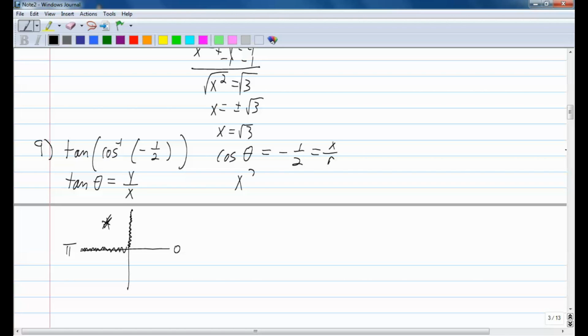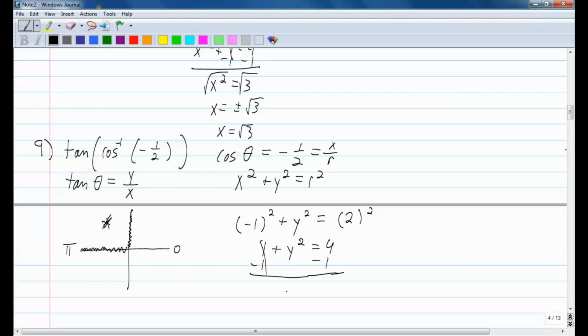So use the equation x squared plus y squared equals r squared. So that's going to be negative 1 squared plus y squared equals 2 squared. So 1 plus y squared equals 4. So y squared equals 3.